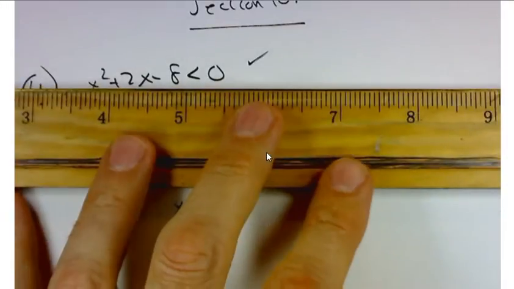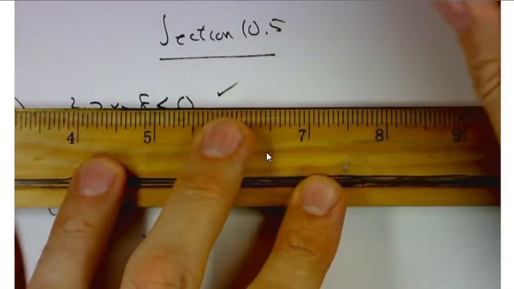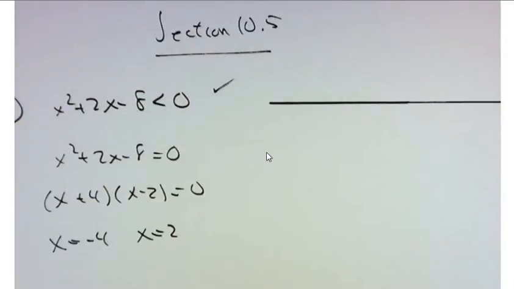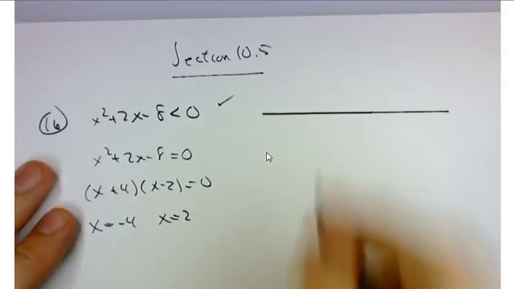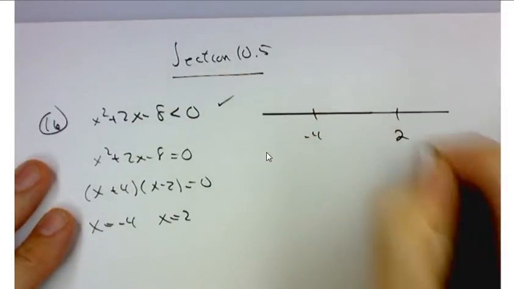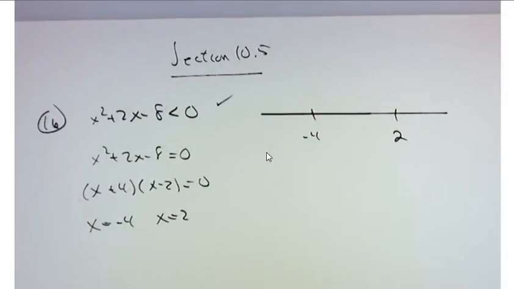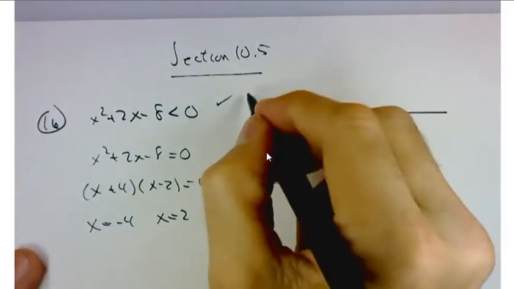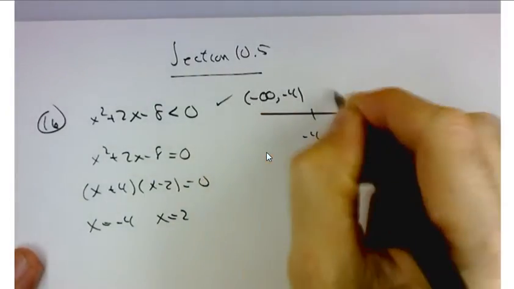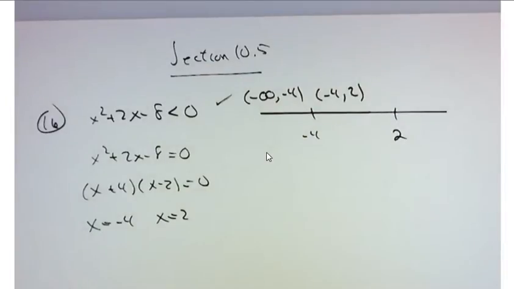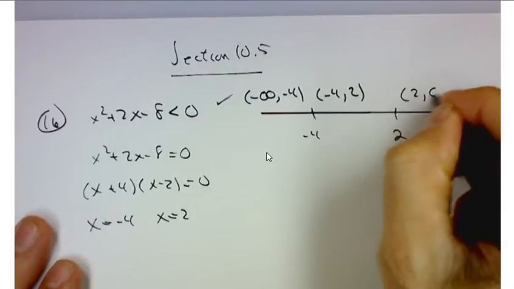So let's put those numbers on the number line. So -4 and 2. Now, Mackenzie, those two numbers break up the number line into 3 intervals. What are those intervals? Good. So these are our intervals.